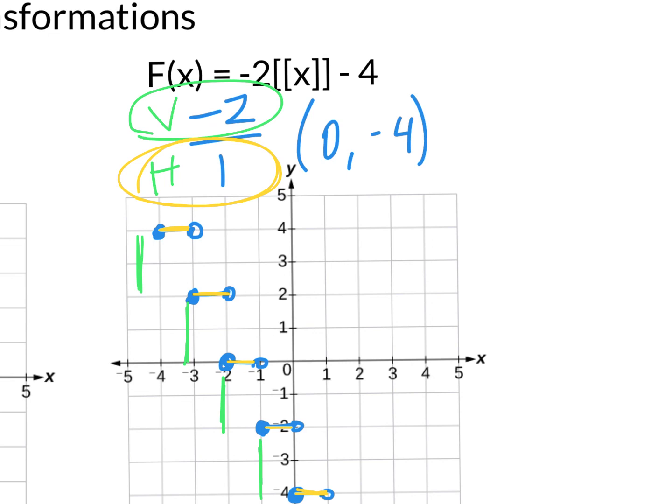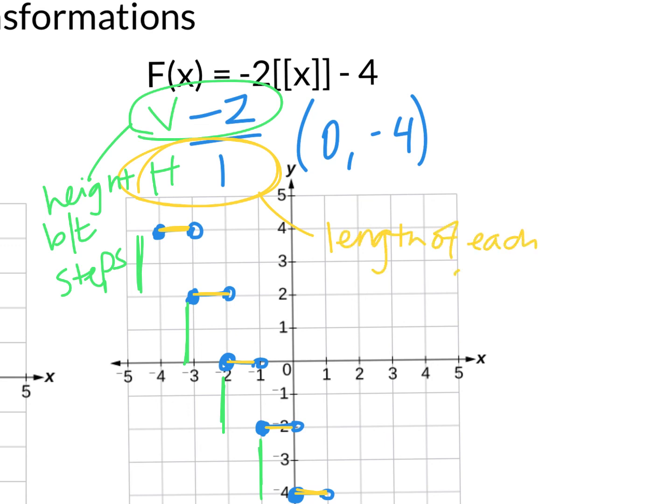So I hope that you can see, and you might need to write that in words for yourself, that this is the height between the steps, and the horizontal shows you the length of each step. All right, so we're going to do transformations with these tomorrow.